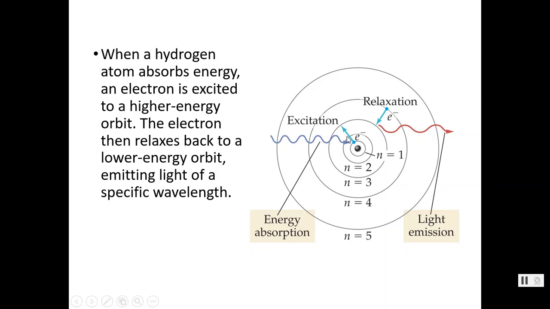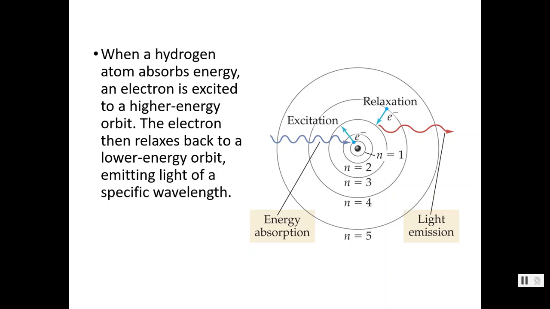Let's say that that electron is excited, meaning we give that atom some energy. What the atom will do with that energy, specifically what the electron will do with that energy, is get excited. It will absorb that energy, and therefore that electron, depending on the amount of energy you give it, will be promoted to a higher energy orbit.